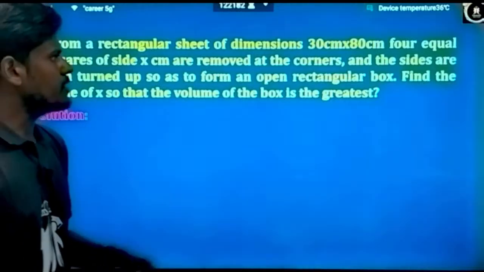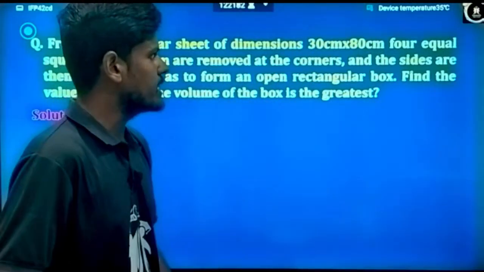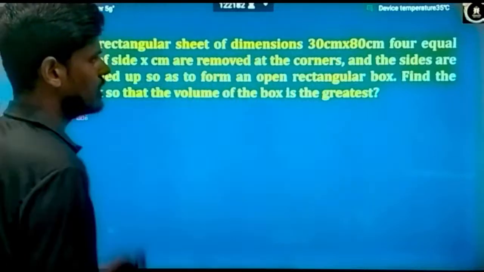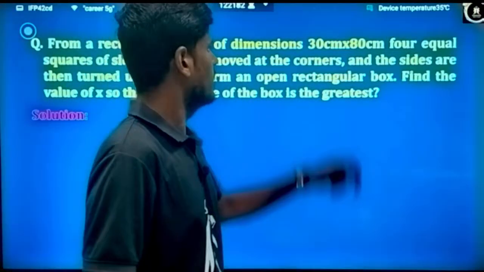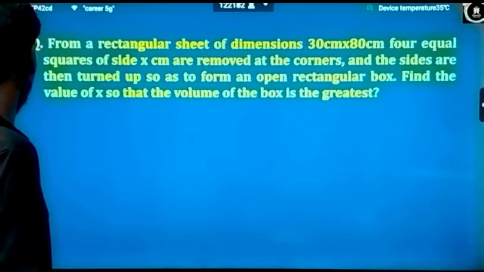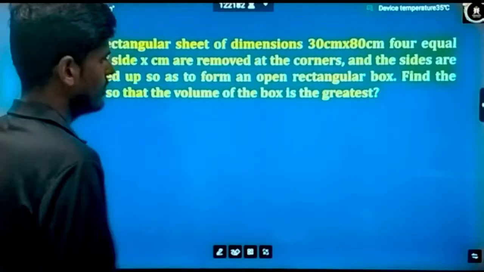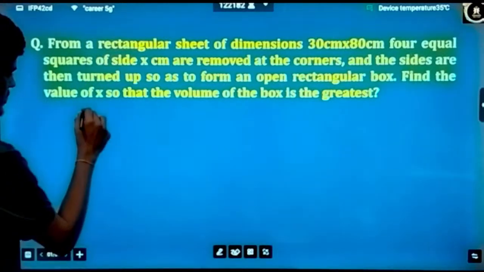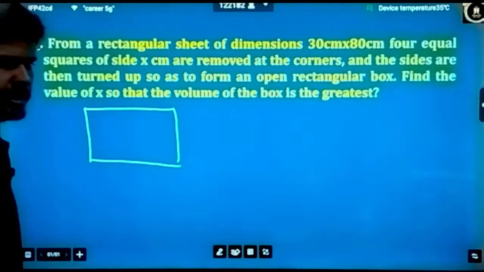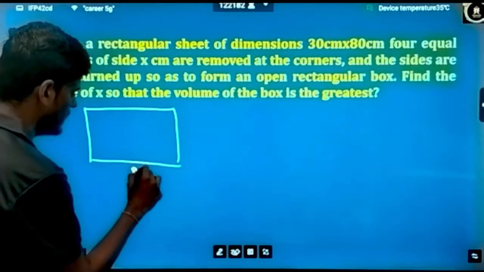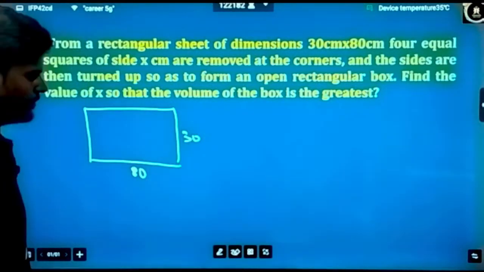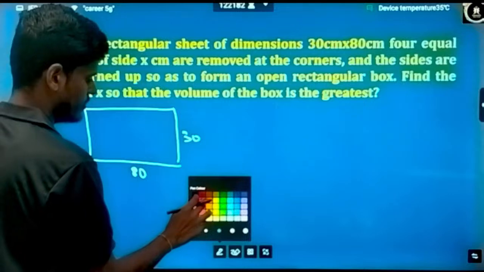From a rectangular sheet of dimensions 30 by 80 centimeter, 4 equal squares of side x centimeter are removed at the corners. Okay, now what is given? From a rectangular sheet of side 80 by 30, we are removing 4 regions.